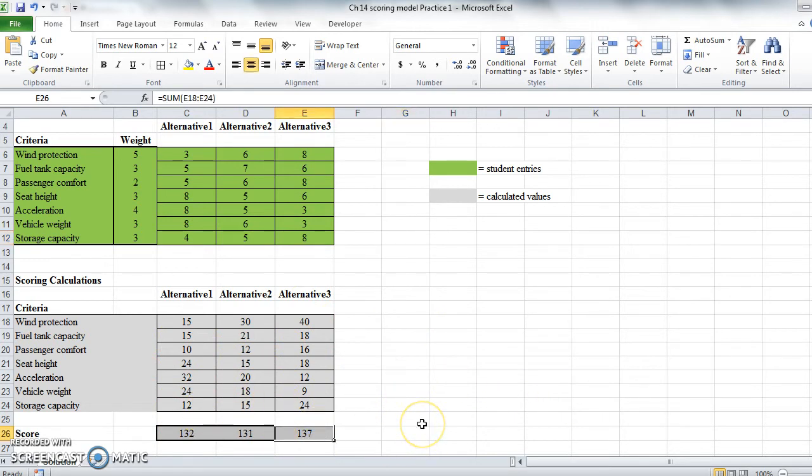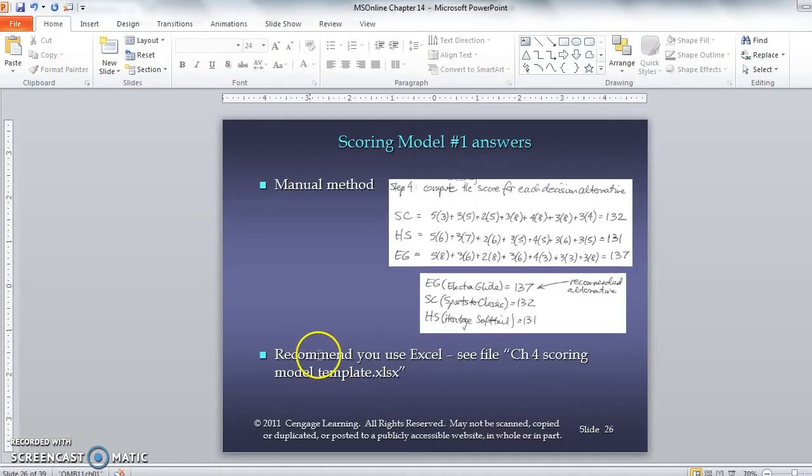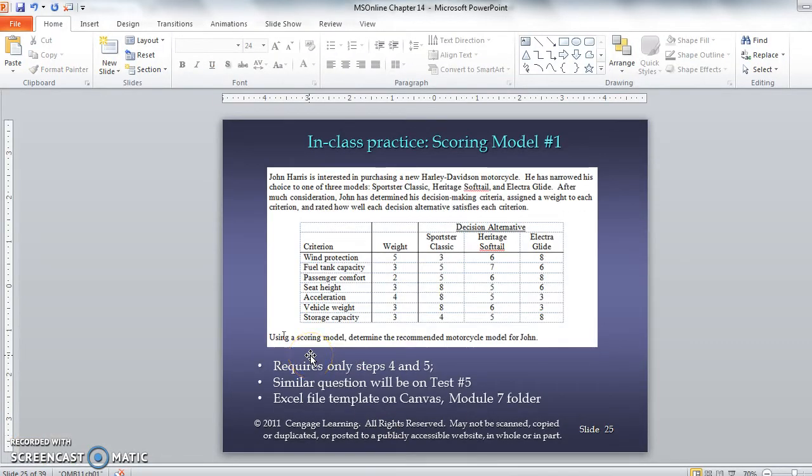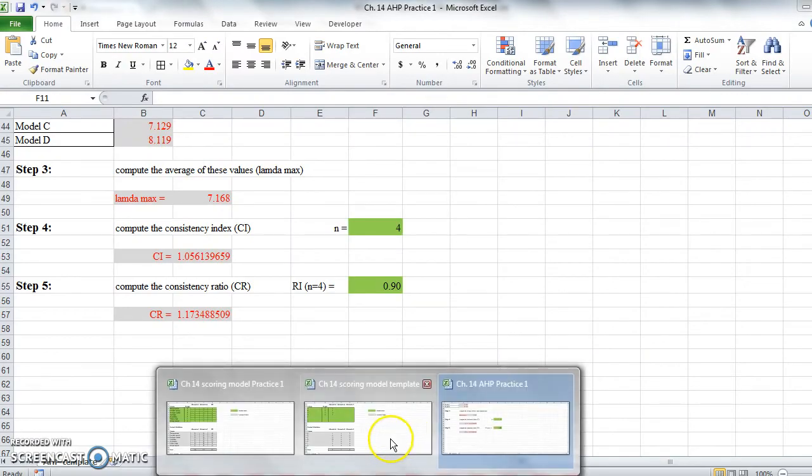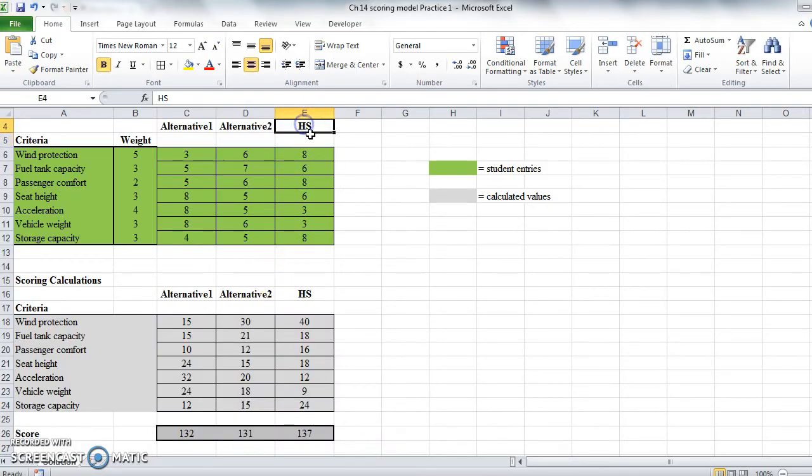And in this case, we get the same numbers as when I did the manual solution, and the alternative 3, which is actually the Heritage Sport. What was that? Actually, that was the Electric Glide, forgive me. And that would be the choice of which one should be John's solution.